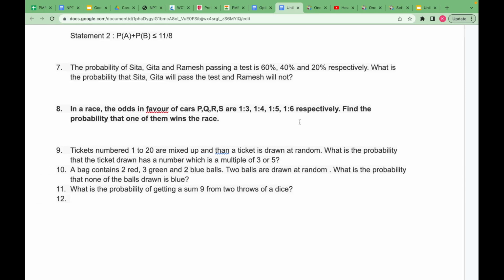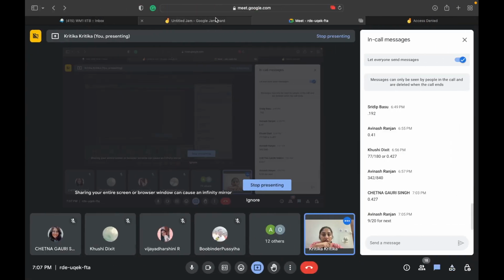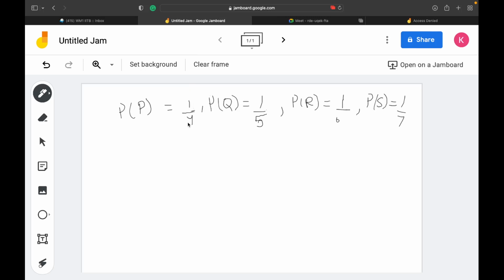So it is similar to the question that is given above. So the probability that P will win is 1/4. For P to win, if only one of them is going to win, that means if P wins, then Q, R and S need to lose the race.